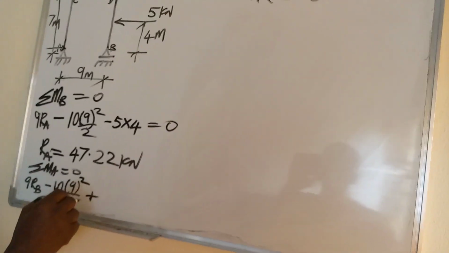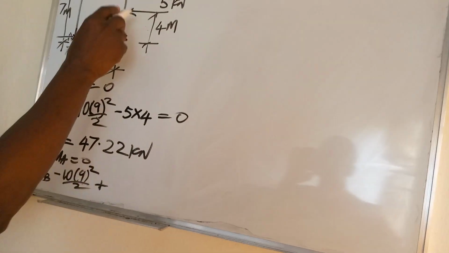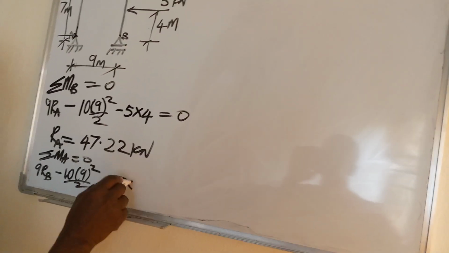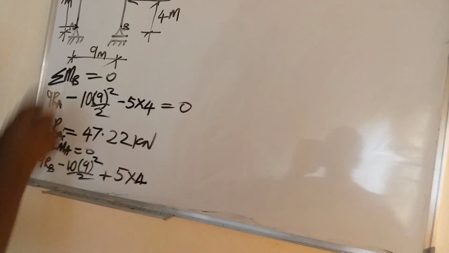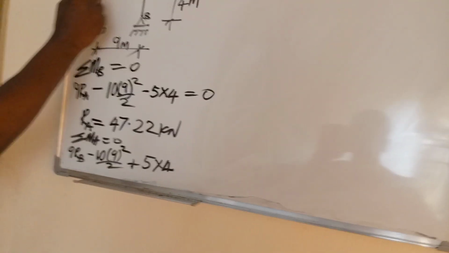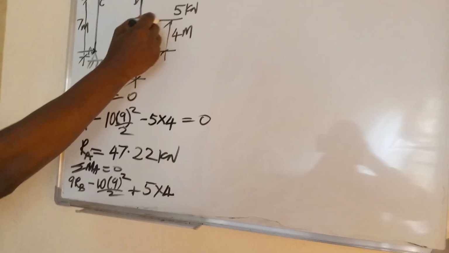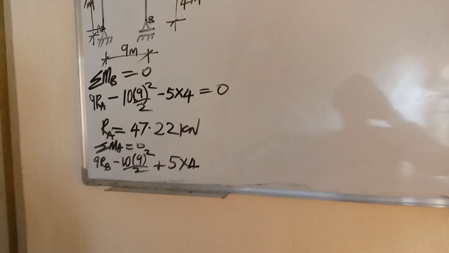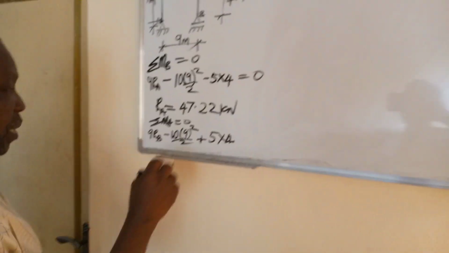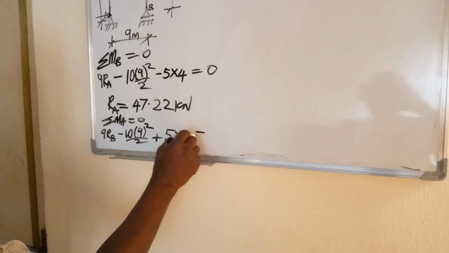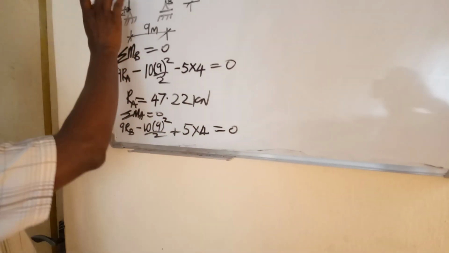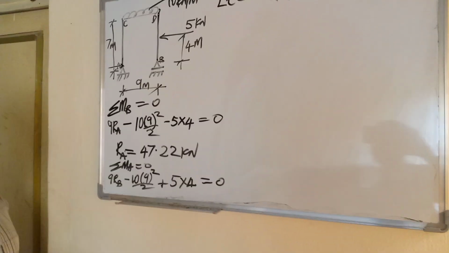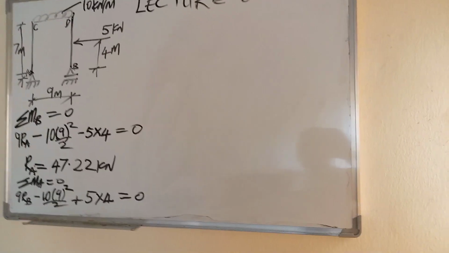So plus 5 times 4, the perpendicular distance from A. If you extend the 5 kilonewton load to this point, you see the distance it has from point A is 4. So that is equal to 0. The reactions at A will generate no moment at point A because there will be no distance.